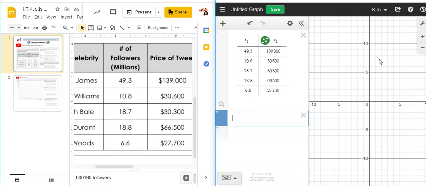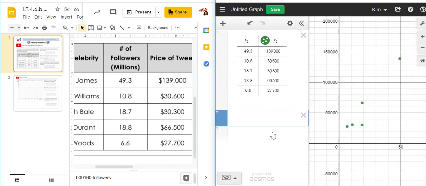All right, and you can see we don't see any points on the scatter plot, and that's because these numbers are so large. So the next thing we do is we come over here to this magnifying glass and we click zoom fit.